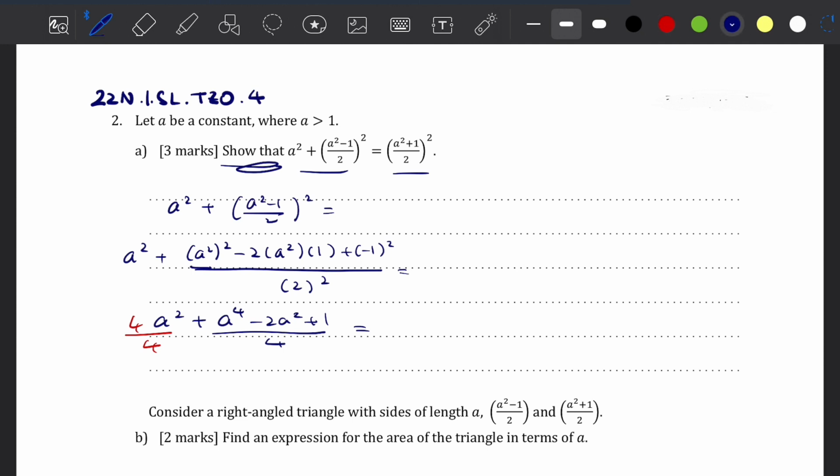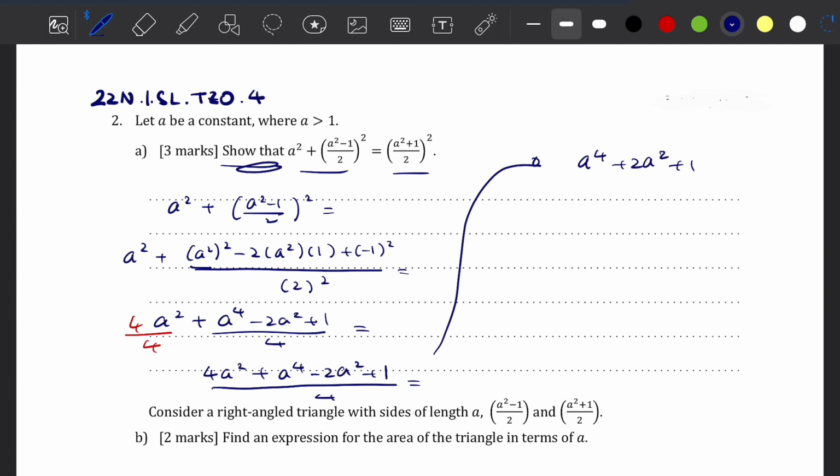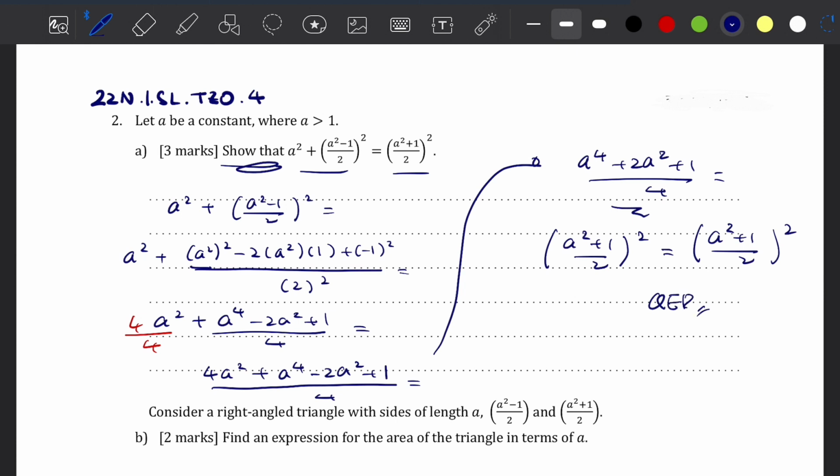Then we get 4a squared plus a to the power of 4 minus 2a squared plus 1 over 4, right? Then we can simplify this further into a to the power of 4 plus 2a squared plus 1 over 4, which we can simplify into a squared plus 1 over 2, to the power 2, which is equal to the right hand side. So we have shown that the left hand side is equal to the right hand side.